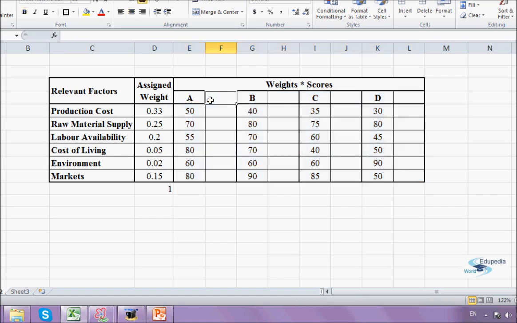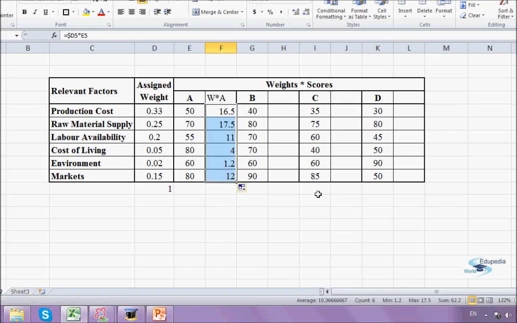Alright, so now let's find the product first of the weight with the first location. So it's W multiplied by A, and the value would be the weight here multiplied by the score at the first location. Okay, now since this is going to be fixed for all the 4 sites, I'm going to fix this and then drag this down for all the cells here.